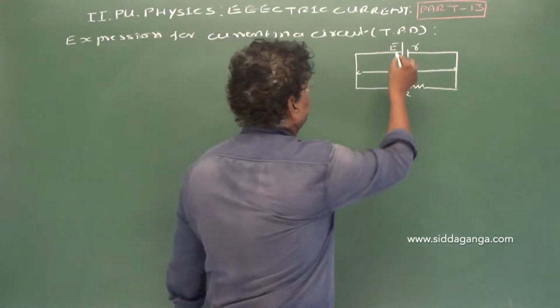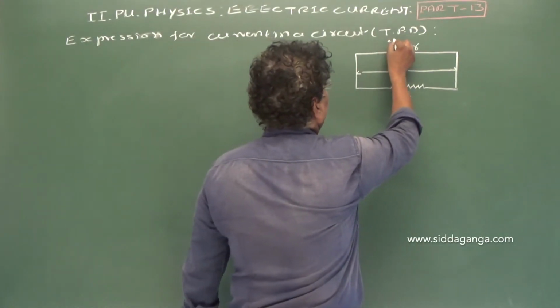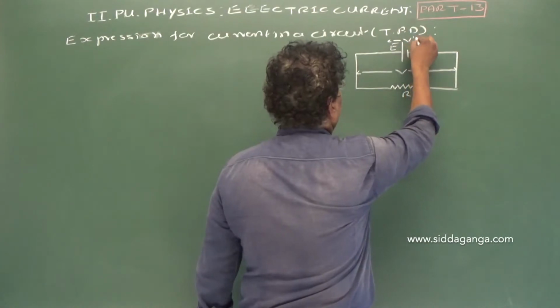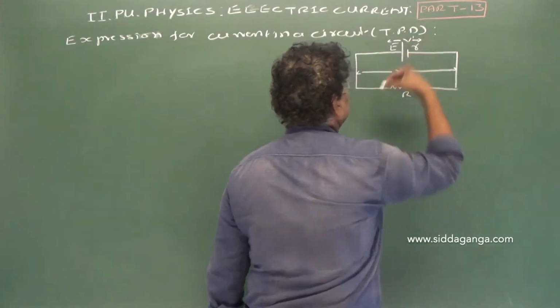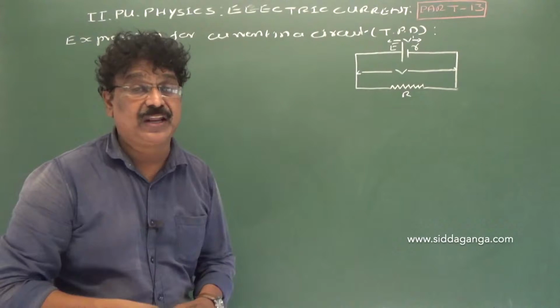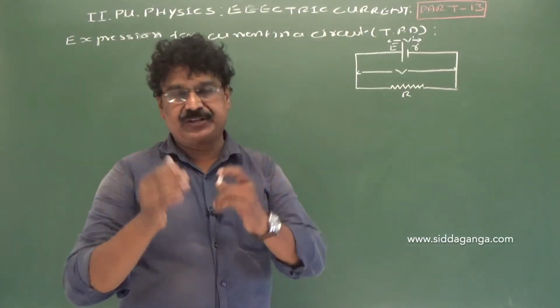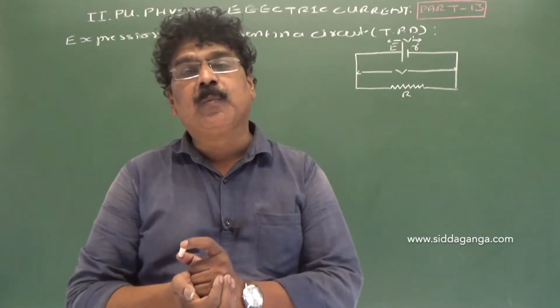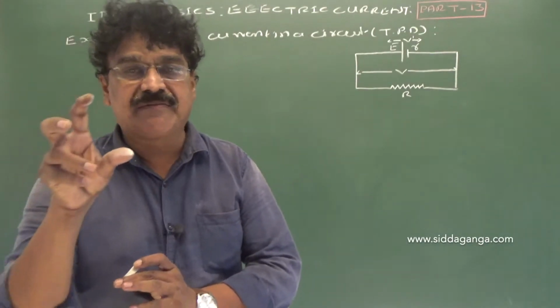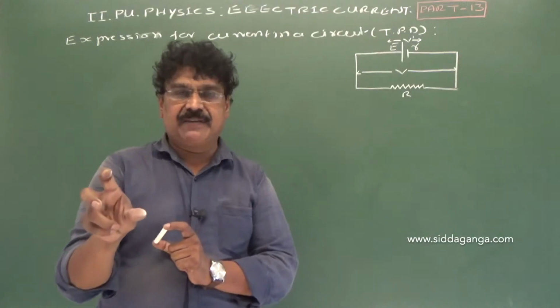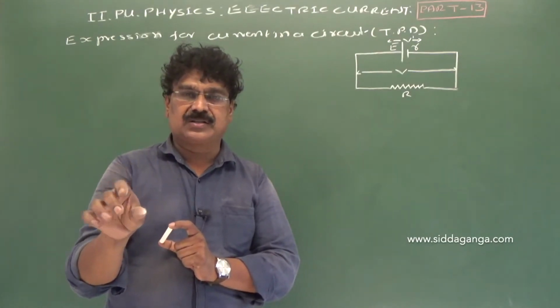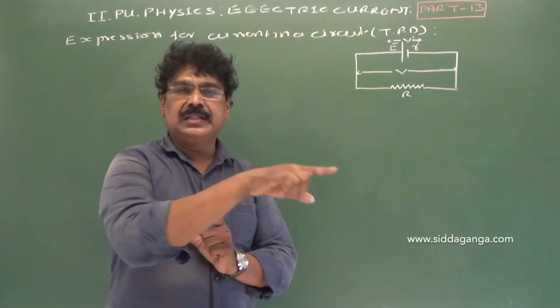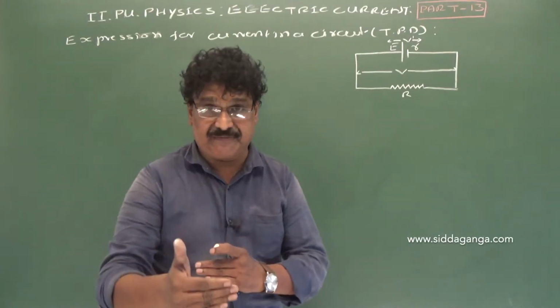At the same time, there is a potential difference across the internal resistance of the cell, because we know what potential difference is: the potential difference between any 2 points is the amount of work done in driving 1 coulomb of charge from one point to the other point against the field.